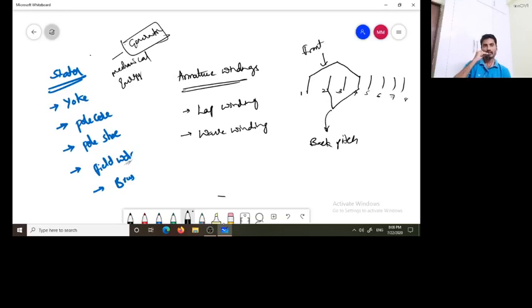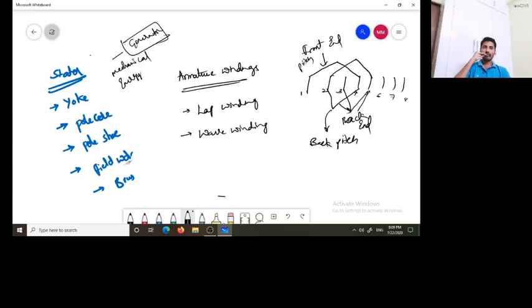By joining the end points we get a front end connection with the help of front pitch, and this is called a back pitch connection. The back end connection is joined with the help of back pitch calculation. In the same manner, the second coil side is connected with the fifth coil side, and the fifth coil side returns to the third coil side.